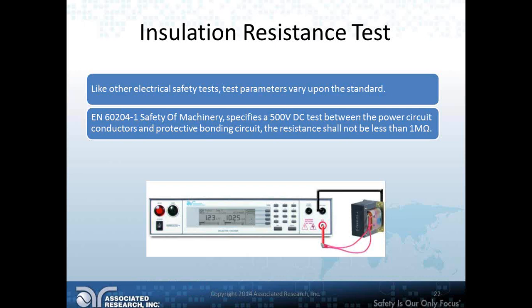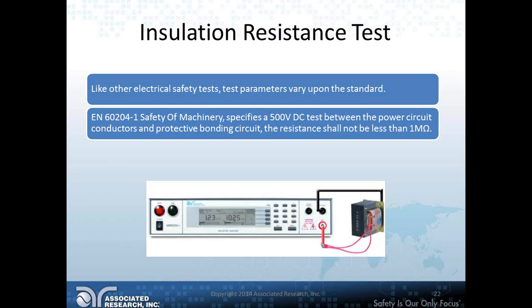A measuring device, or MD for short, is used to simulate the impedance of a human body under different conditions depending upon the application of the product. The test is run under both normal and single fault conditions and reverse polarity on the input line.